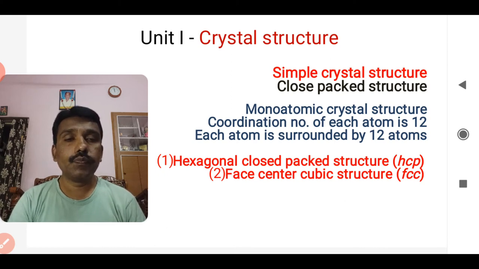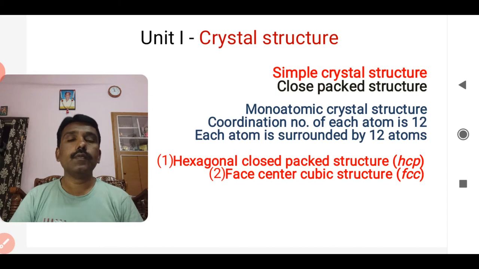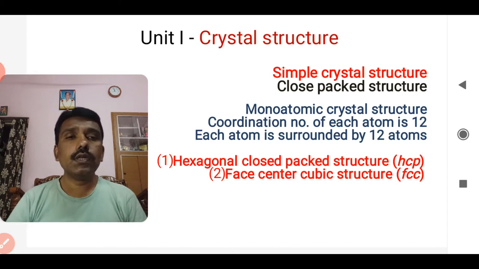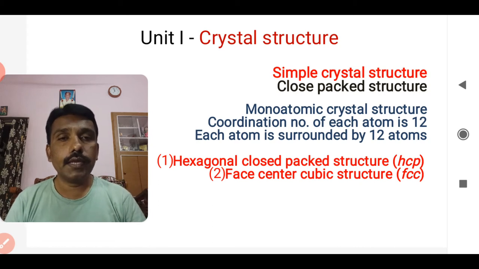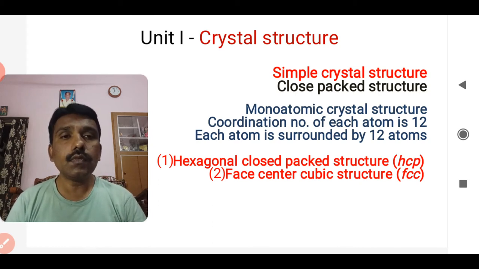Number one is the hexagonal close packed structure, in short called HCP, and the second one is the face centered cubic structure, in short called FCC.